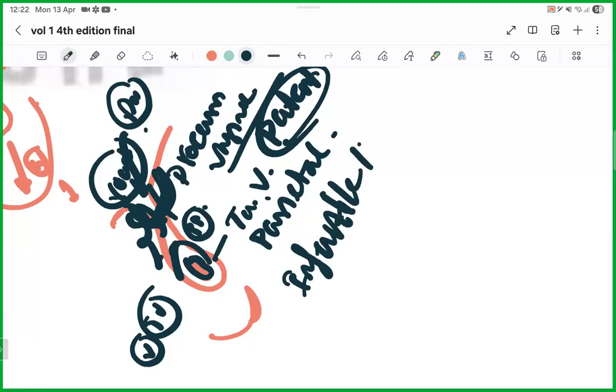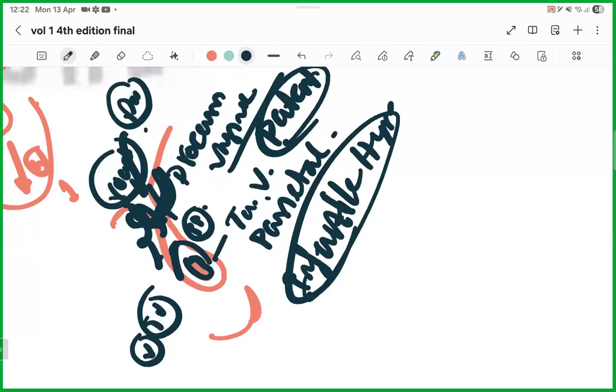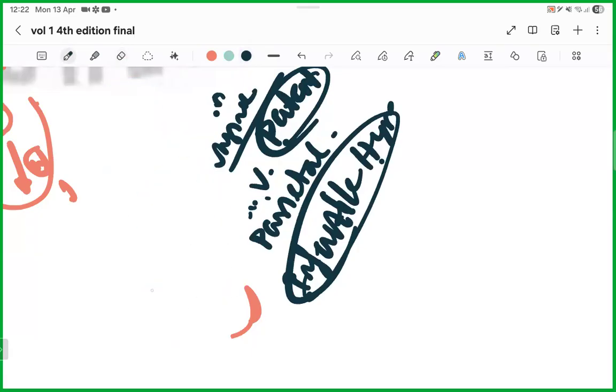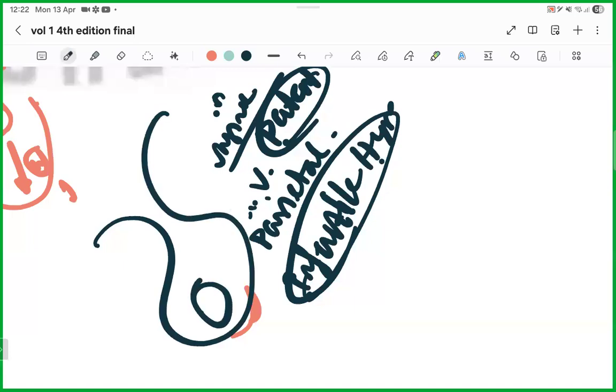Infantile hydrocele. Now, if this water goes up to this area, that is totally down. If this water comes up to this area and it does not go back, then what will happen?